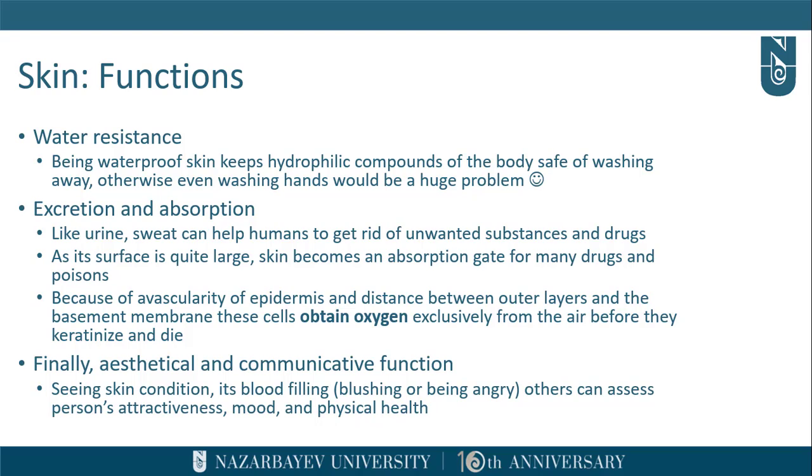Because it lacks the blood supply. The epidermis is a completely avascular part of the skin, and there is a big distance between the outer layer and the basement membrane. Therefore, the surface of the skin takes its oxygen from the external environment.